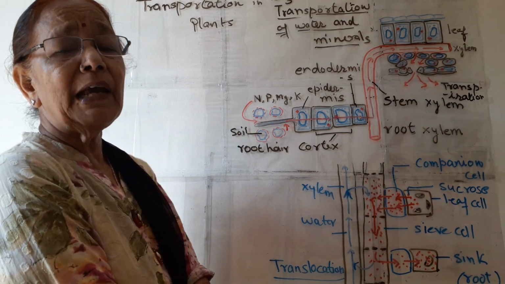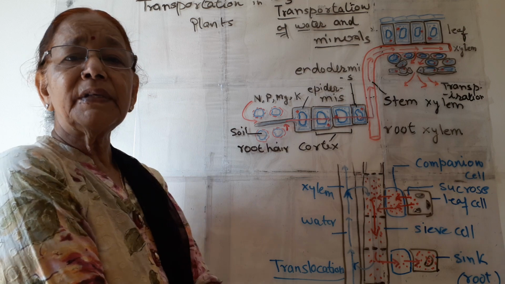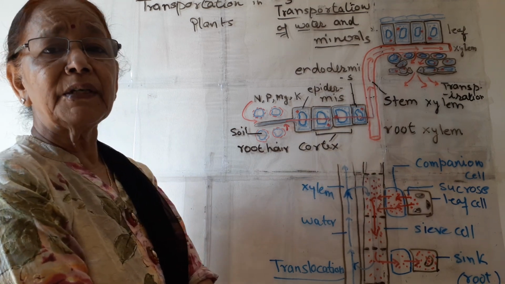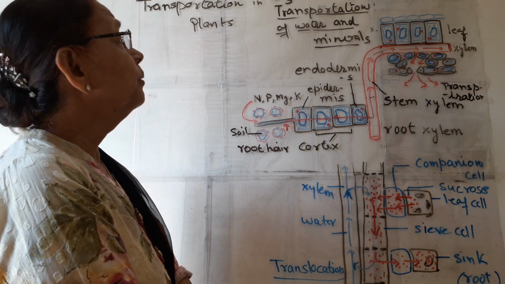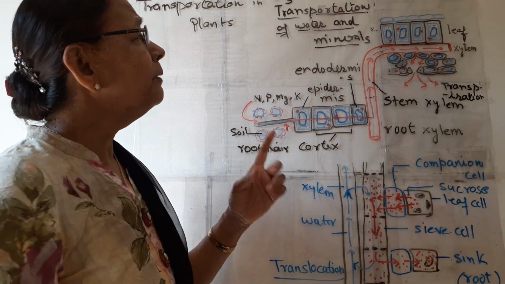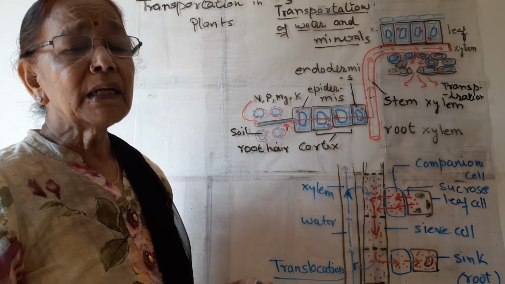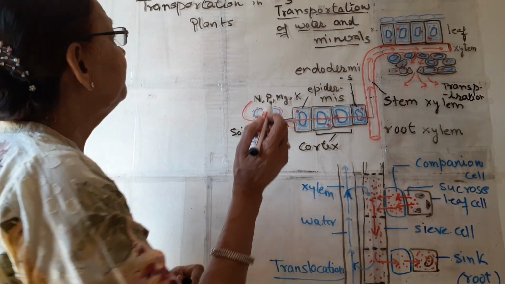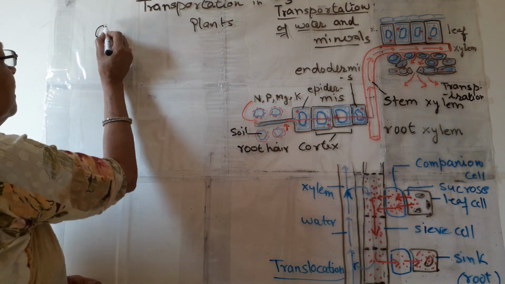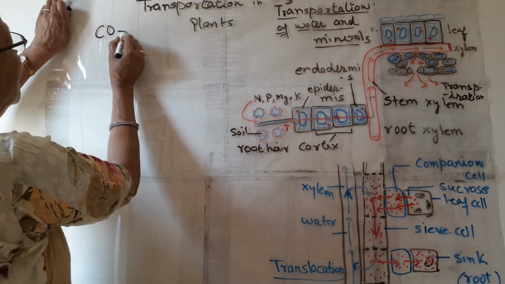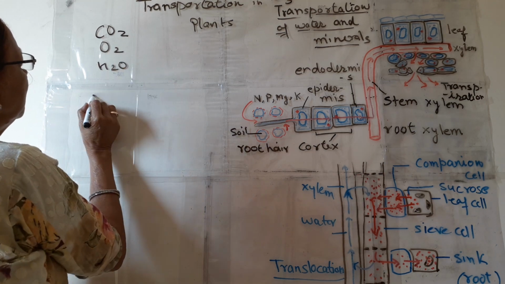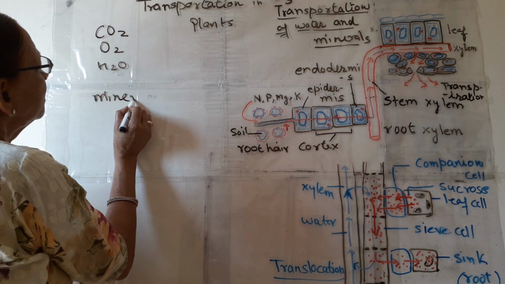In animals, we have studied the blood circulatory system and lymphatic system for transportation of different materials to the whole body. But in plants, the materials to be transported for different metabolic activities are primarily carbon dioxide, oxygen, water and minerals.